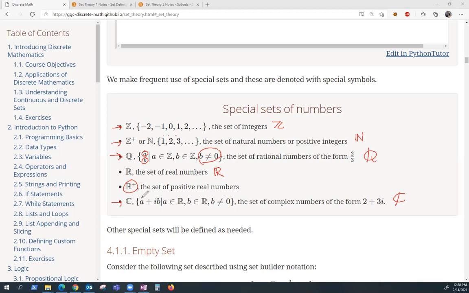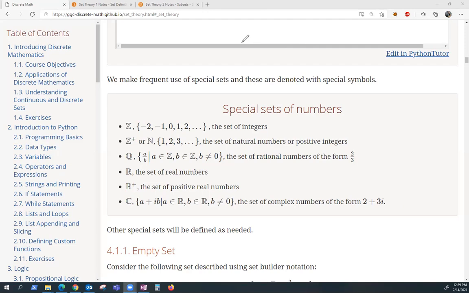So the complex numbers are anything that can be written like this: a plus i times b, where a and b are any real numbers, and i is defined to be the square root of -1. Another way we can write that is i is defined to be such that i squared is equal to -1. We're not going to use the complex numbers. I just wanted to show you that notation. And we'll come back and revisit this when we talk about subsets.